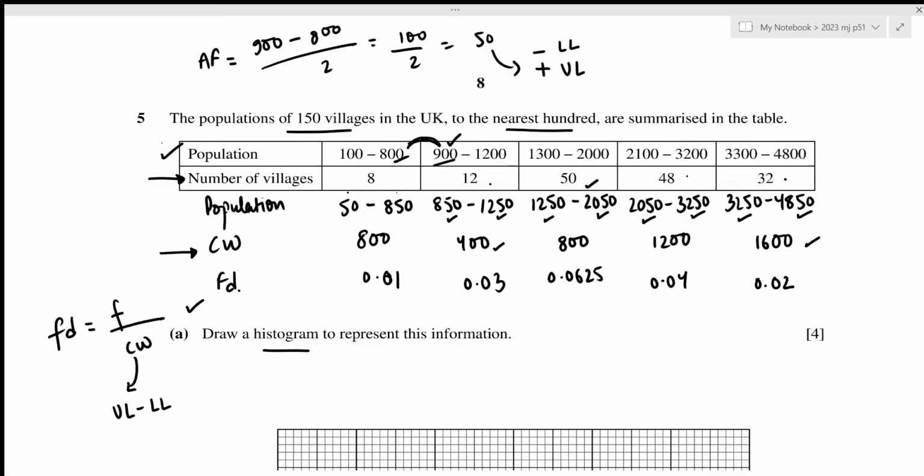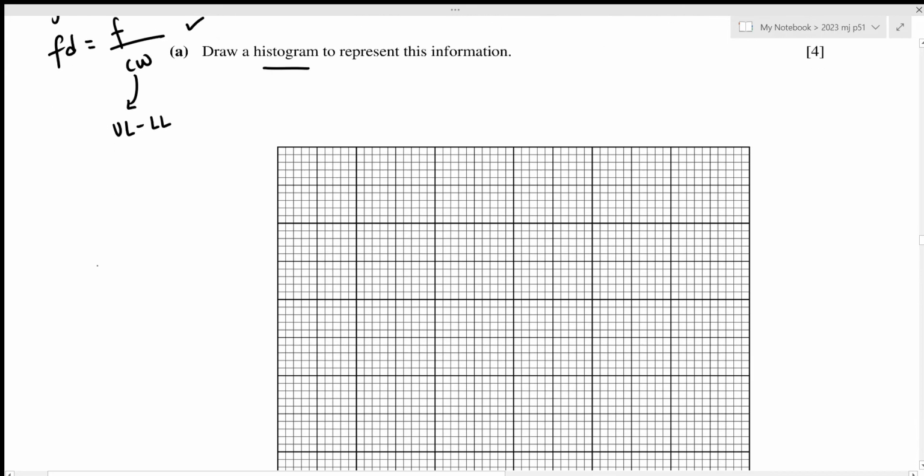And always remember that while drawing a histogram, our x-axis will be the classes and our y-axis will be the frequency density. Let's start with the x-axis. That's the class, which in this case is population.